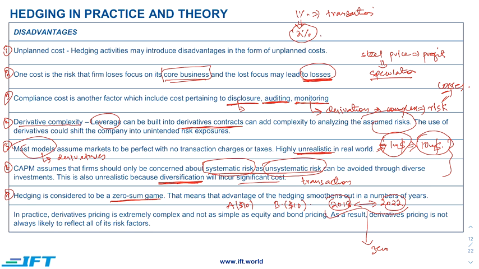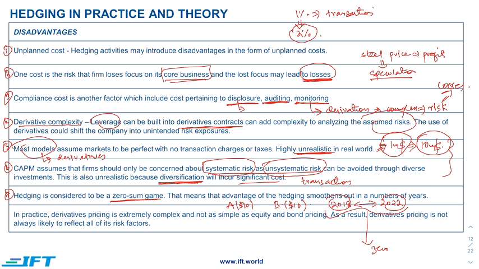But of course, this can be one of the disadvantages. You may see that you are making money out of it, but in actuality, in the long term, you may not be making a lot of profit out of it. Again, this is a theoretical point, and we actually make some money out of it.